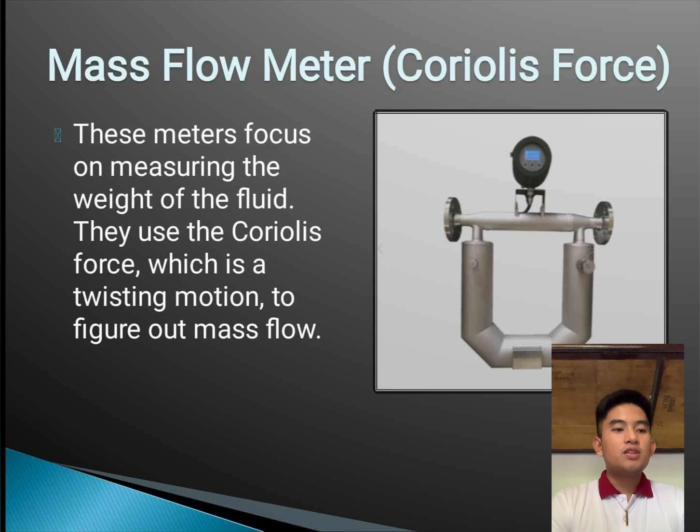They use the Coriolis force, which is a twisting motion, to figure out mass flow. So at the bottom, guys, there are two curved tubes through which the fluid passes. The tubes, which look like hoses, move or twist as the fluid flows, and the stronger the flow, the more the two tubes twist.